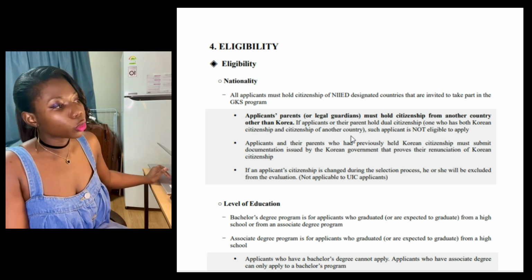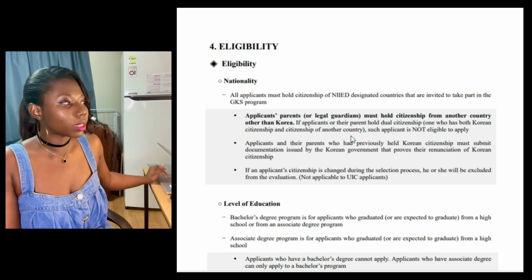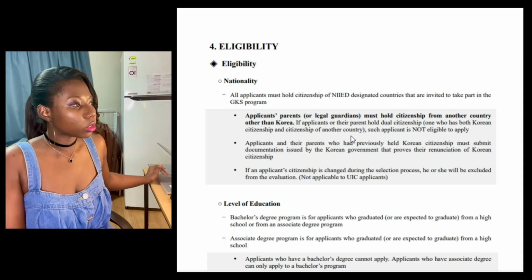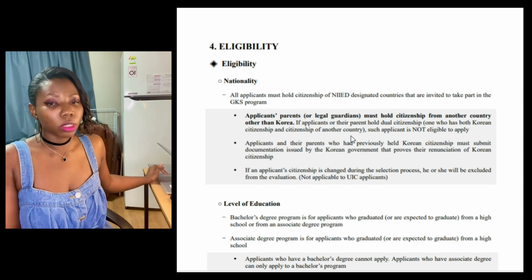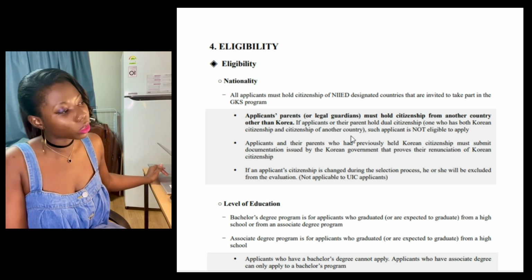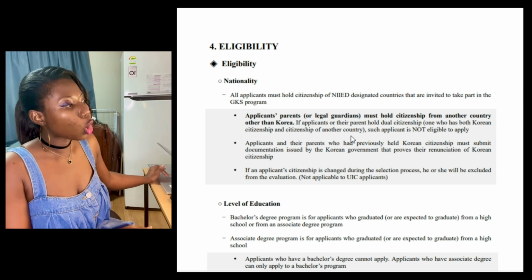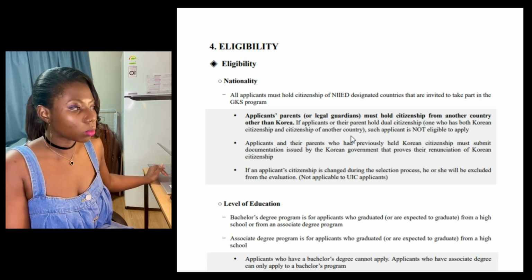Grades. The cumulative grade point, CGPA, of an entire curriculum from the previous degree program must meet one of the conditions. The score percentile should be 80% or above on a 100-point scale, or be ranked within the top 20% of one's class.